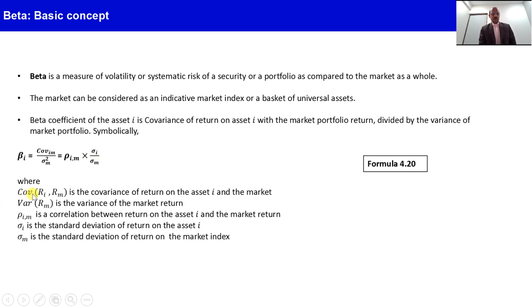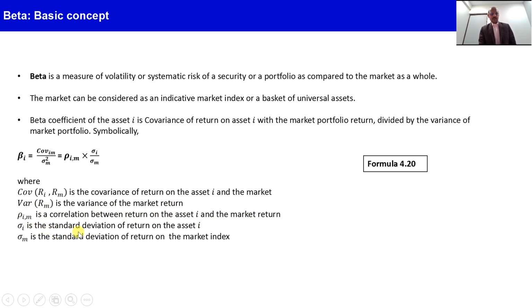Here, covariance of Ri and Rm is the covariance of return of asset i with the market. Variance of Rm is the variance of the market return, and correlation im is the correlation between return on asset i and the market return.